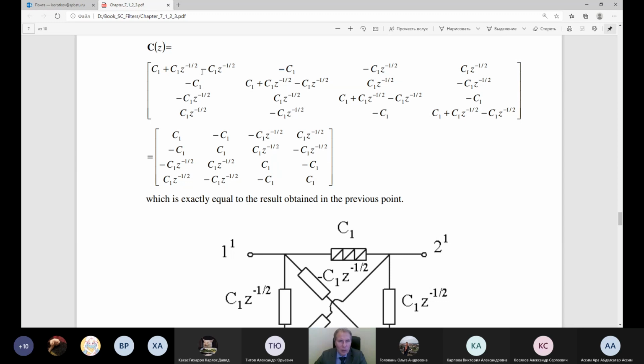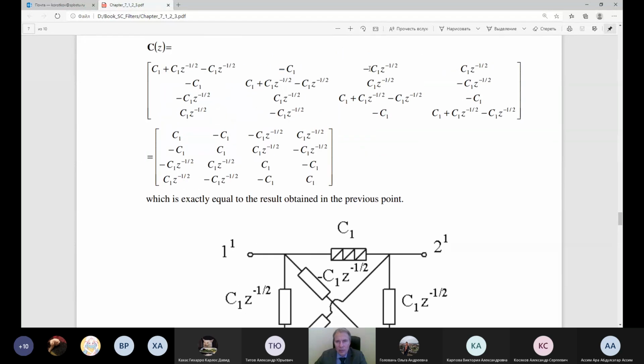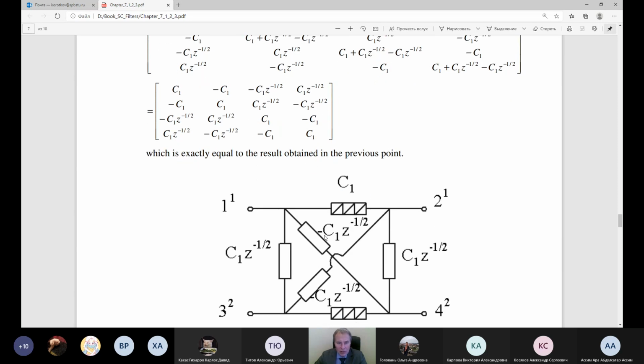If we are talking about the next element, this one, it is situated between the node number 1 on the first phase and the node number 3 on the second phase. In other words, it is this conductance, and we have it with the sign minus. And the last, this one, is the conductance which is located between this node and this node.